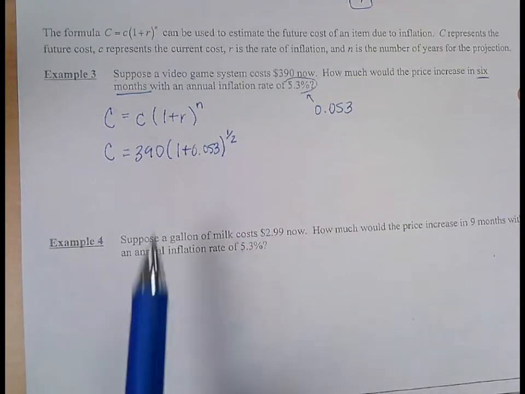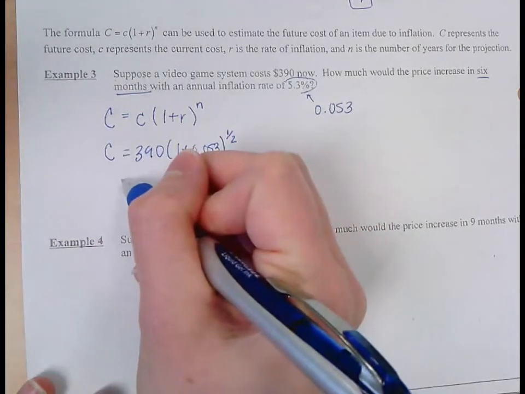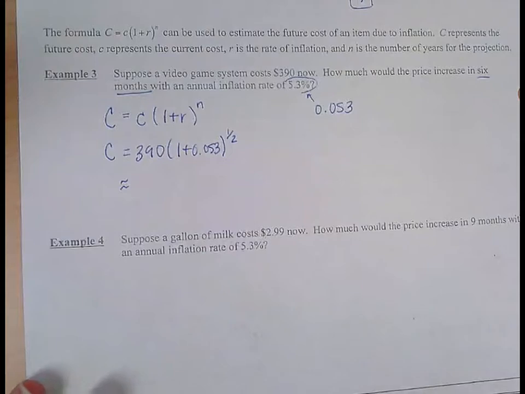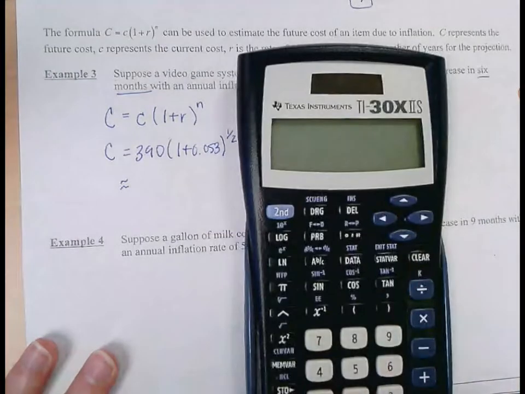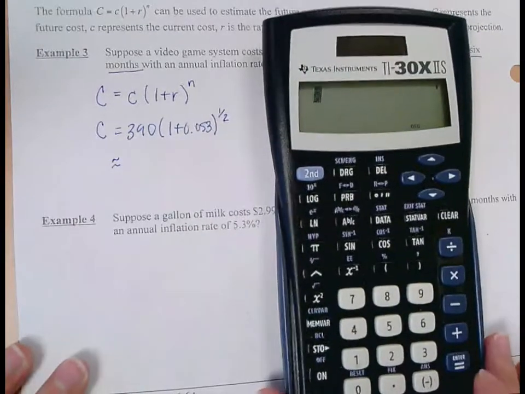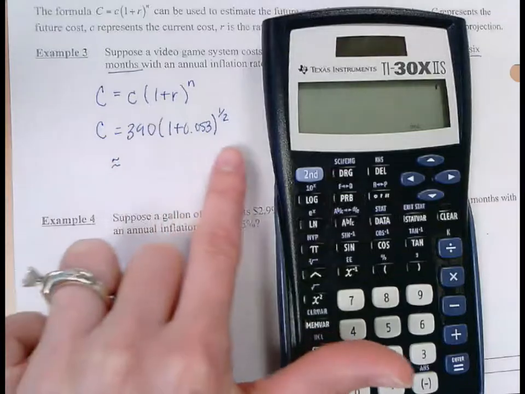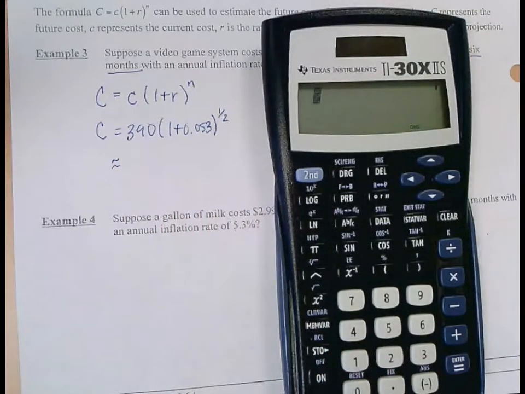Okay, and then this just gets calculated using your calculator. Depending on your calculator, you know your calculators. Some calculators you have to type things in differently. If you have one like mine, you can just type it in the way that it's written. So be careful how you're typing it in.